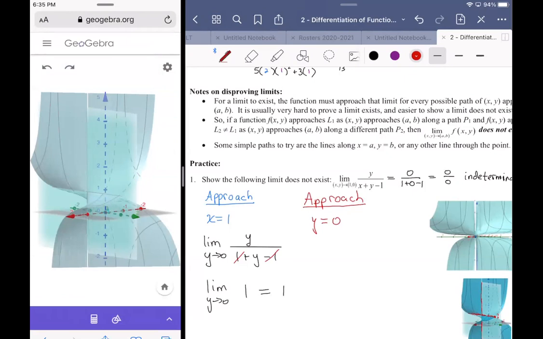Well, I'm just not going to look at the picture because it's going to infuriate me. So what we could say here is the limit as x approaches 1 of 0, because we're holding y constant at 0, over x plus 0 minus 1.